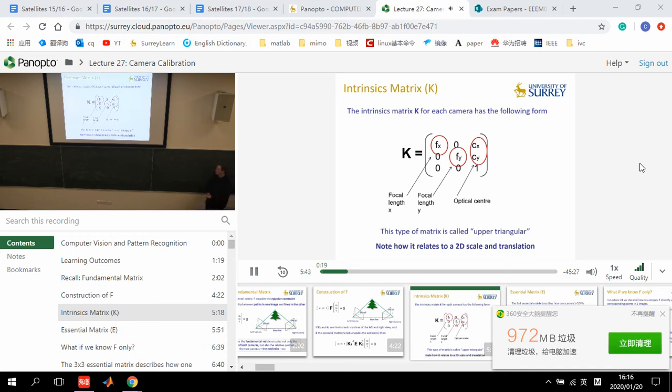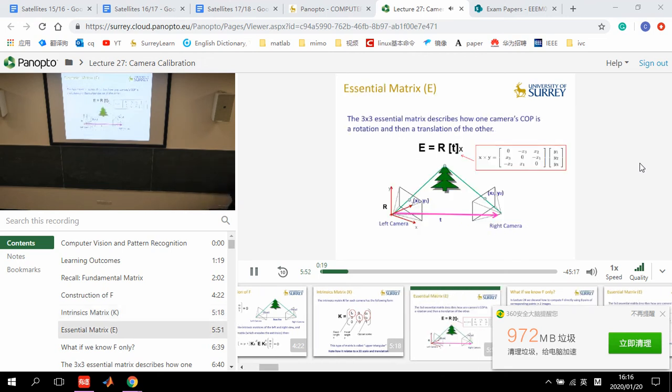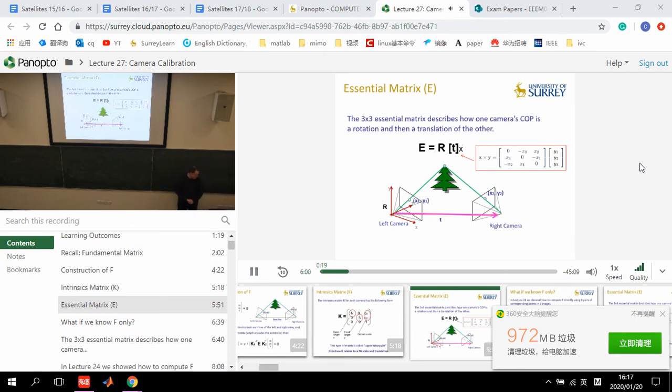And you can see that because it's in this form, we can talk about independent focal lengths for X and Y coordinates. So what does the format of E then look like? Again, we showed this last time. E is effectively the rotation and the translation, encoded as a rotation matrix multiplied by this cross-product encoding of the vector t.